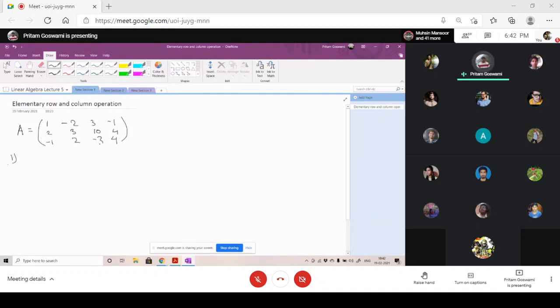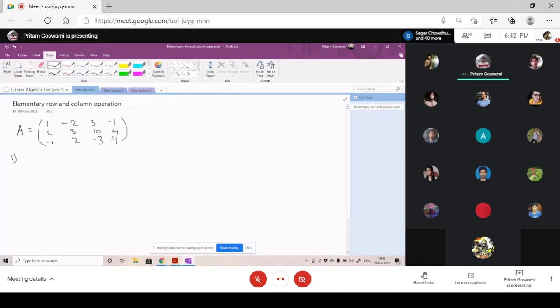Whenever I'm telling you about an operation regarding rows, the same operation can be considered for columns also. They are basically similar. So I'm just telling you about row operations now. There are three kinds of row operation.